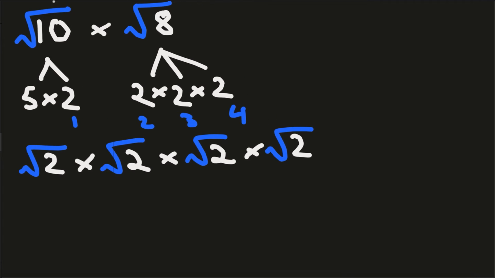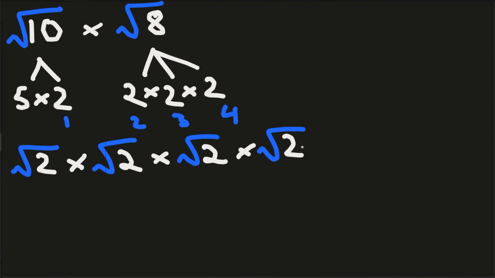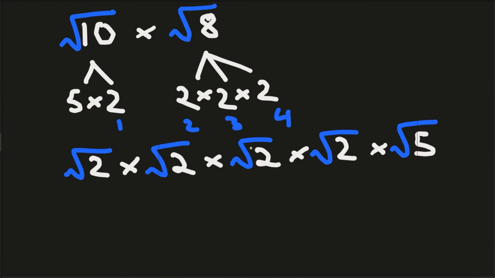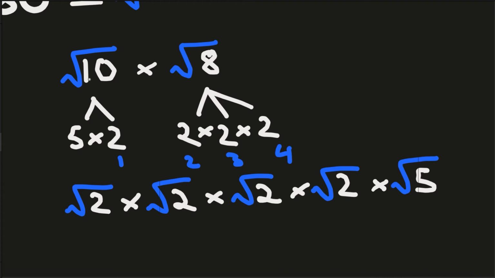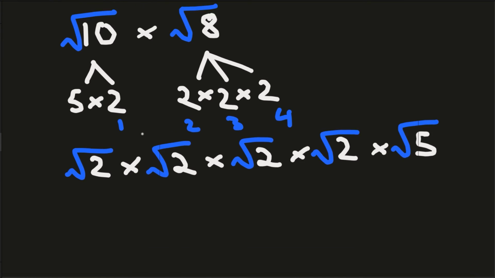And then since we have 1 square root of 5, you would write down times the square root of 5. All we did was break down 10 into 5 times 2 and 8 into 2 times 2 times 2. So we rewrote all of these factors as individual square roots.